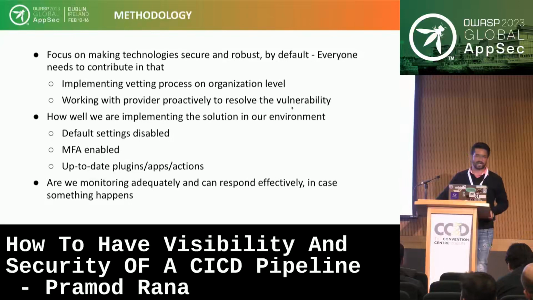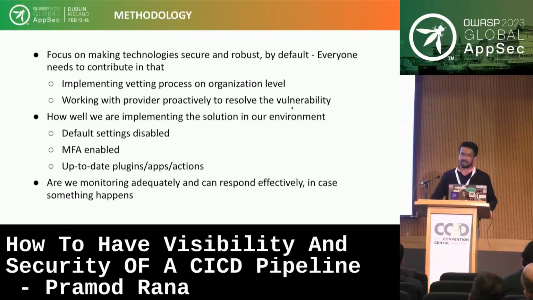Can we make it so that nobody can change it with any permission? So the monitoring part becomes very important over time, because as security professionals, we all could agree that no matter how much we try, eventually something bad will happen. In that case, how can we respond effectively if something happens?